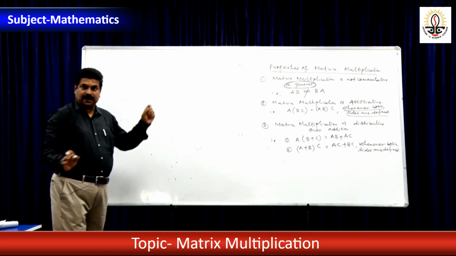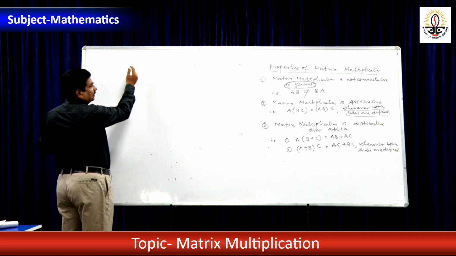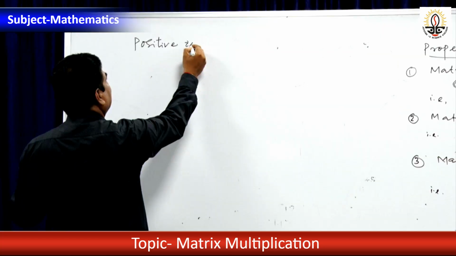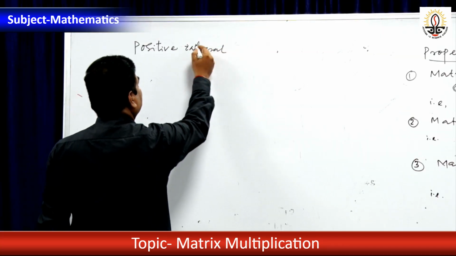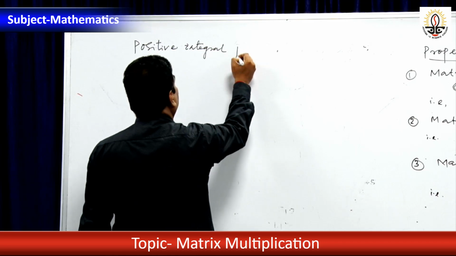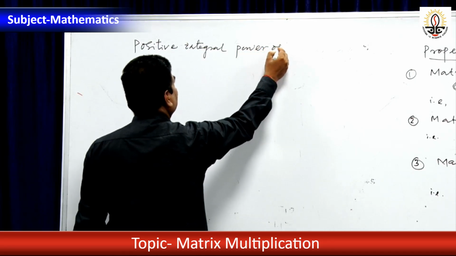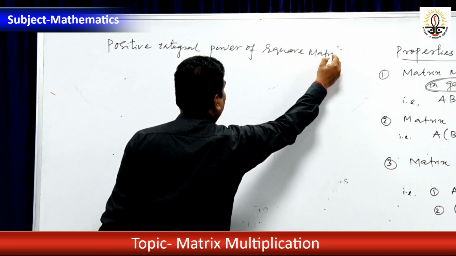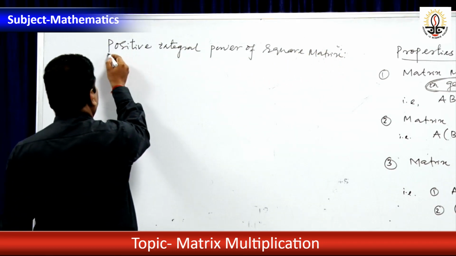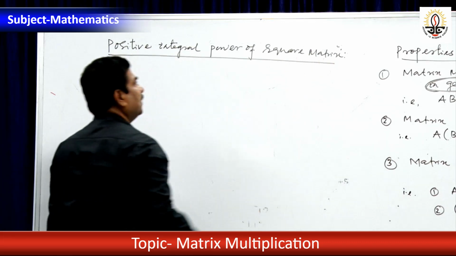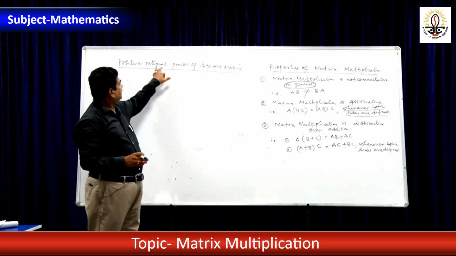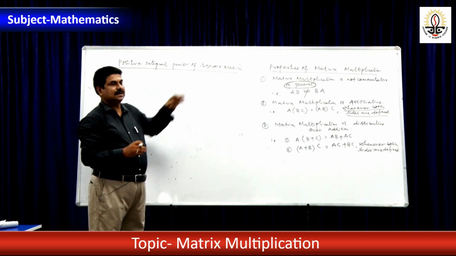Next one I will explain in the next class: positive integral power of a square matrix, dear. So we have to find the positive integral power of the square matrix.